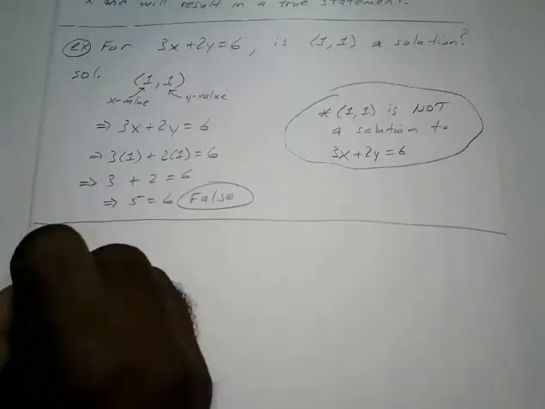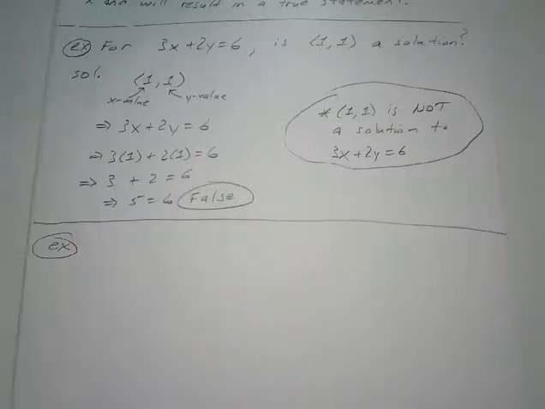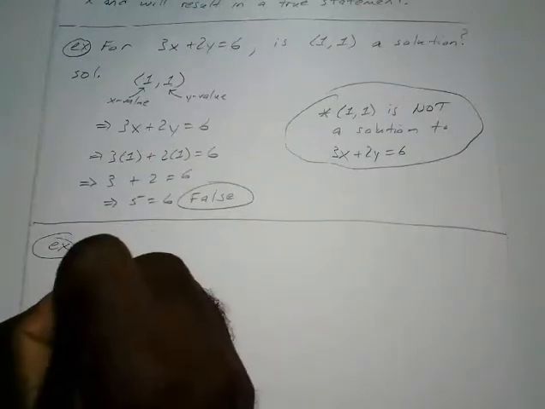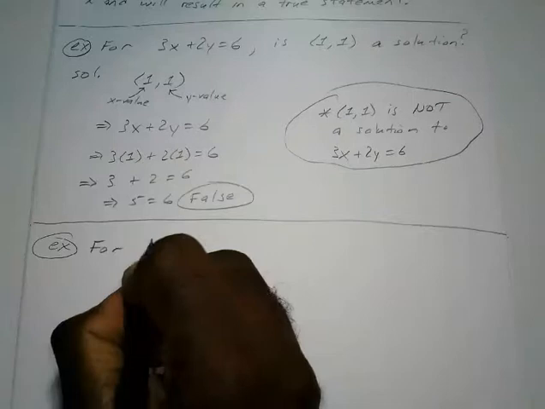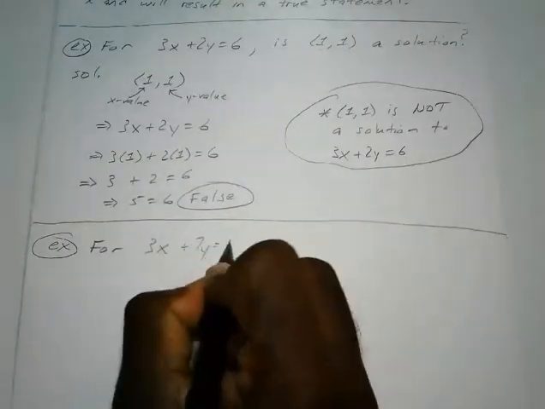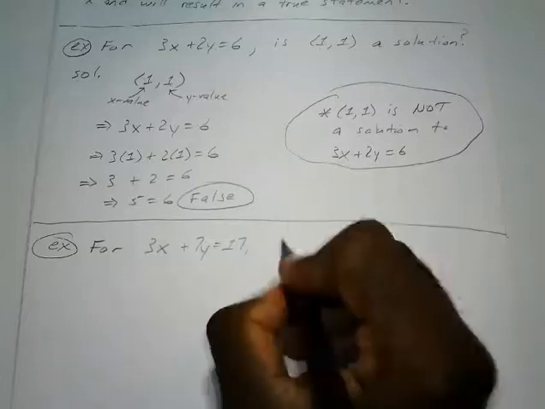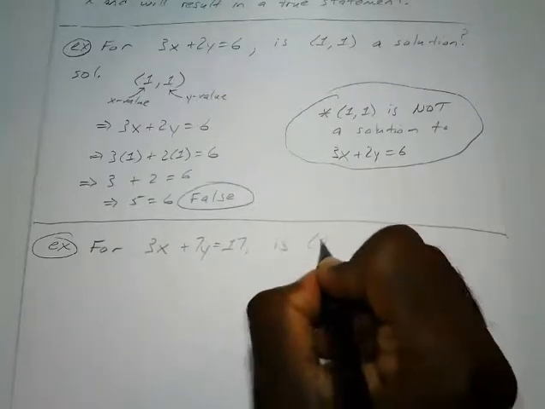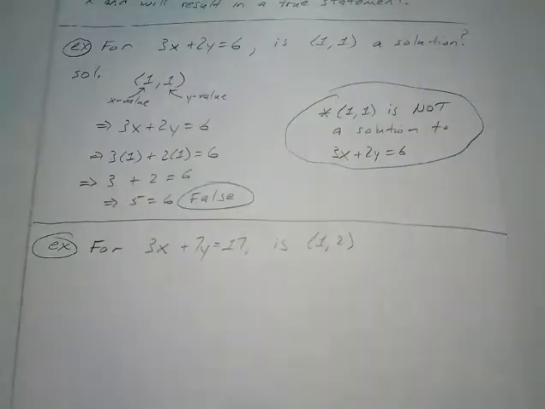Okay, so for example, let's say for 3x plus 7y equals 17, is the ordered pair 1, 2 a solution?